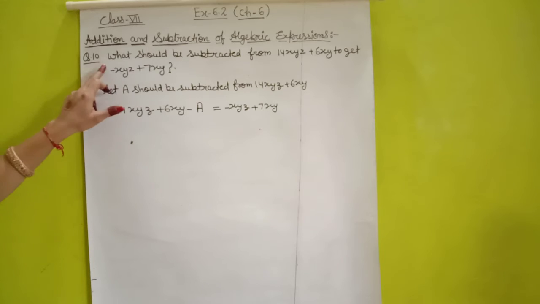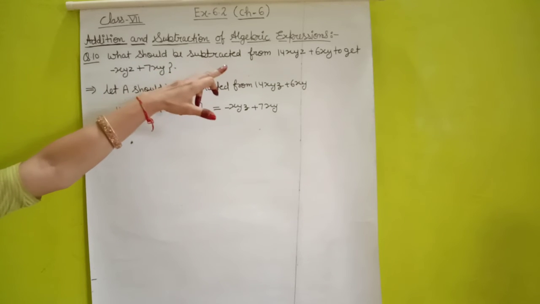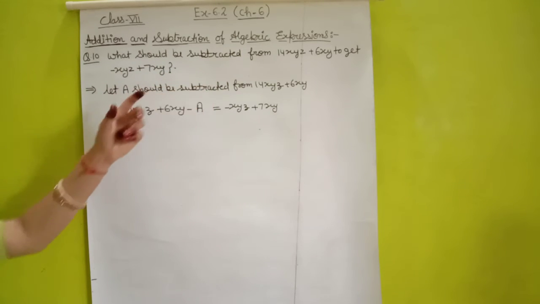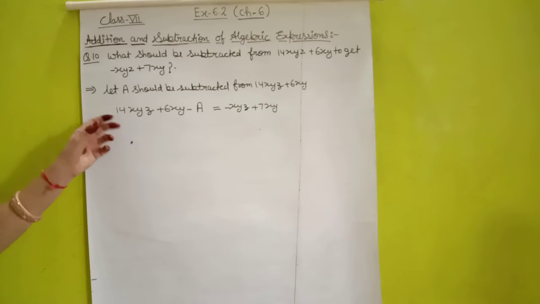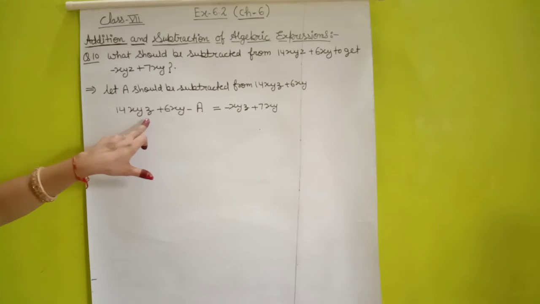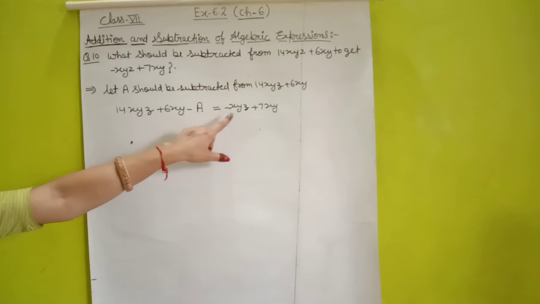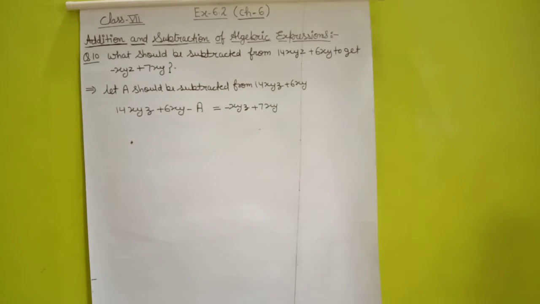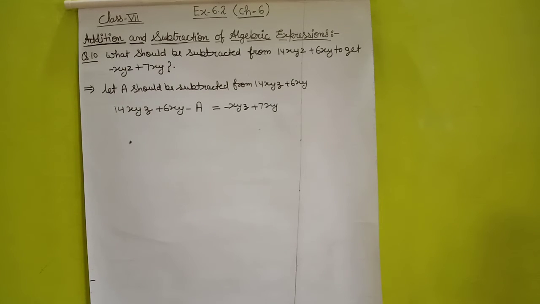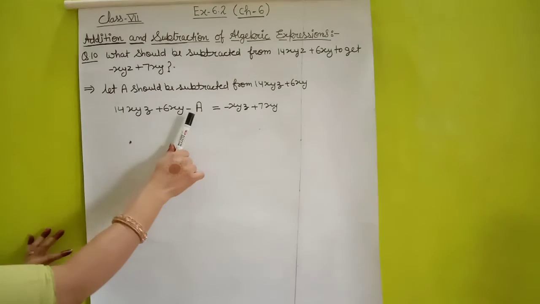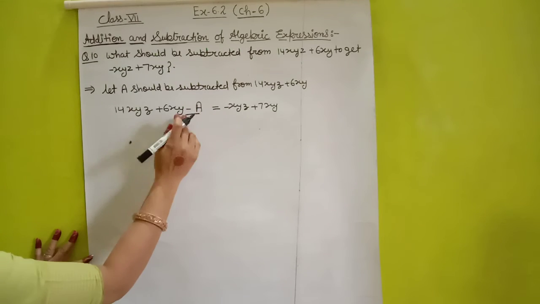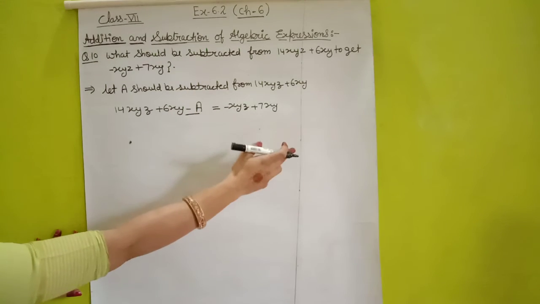They were asking what should be subtracted from 14xyz plus 6xy. So I have written here, we will subtract a from 14xyz plus 6xy, then we will get minus xyz plus 7xy. Now students, we will simplify this and we will get the value of a. Because a is having minus sign, we will transfer this a that side.